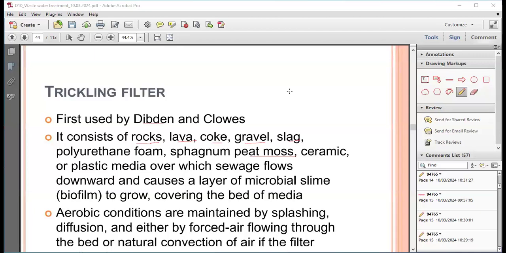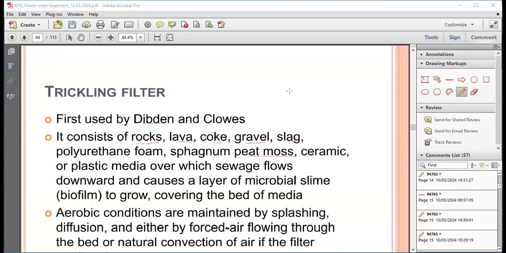Understand? The solid particles cannot enter. So gravel, what's the meaning of gravel? It's one type of soil. Gravel is a good filter. Likewise, sand is also a good filter for filtering solid particles, right?